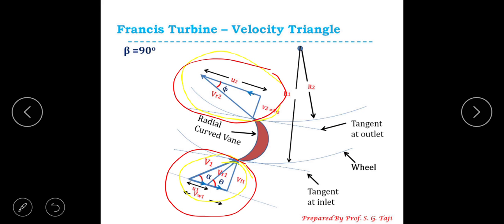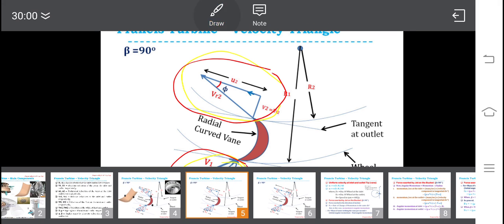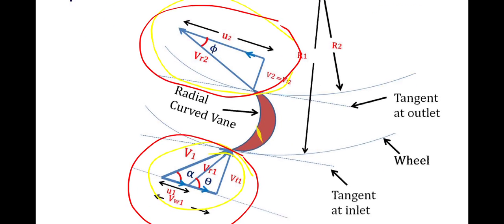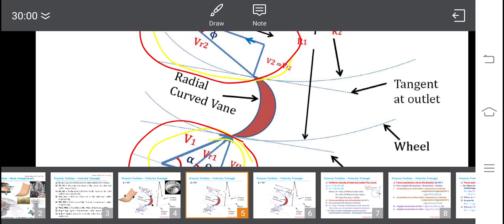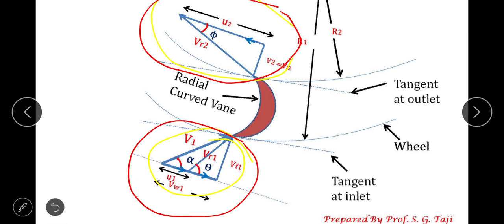Therefore, this is U1, this component is U1, this is VW1, that is the velocity of whirl, the horizontal component in the direction of flow will be V1 cos alpha, and this is Vf1, perpendicular to the direction of flow, the velocity of flow. Vr1 is the relative velocity.